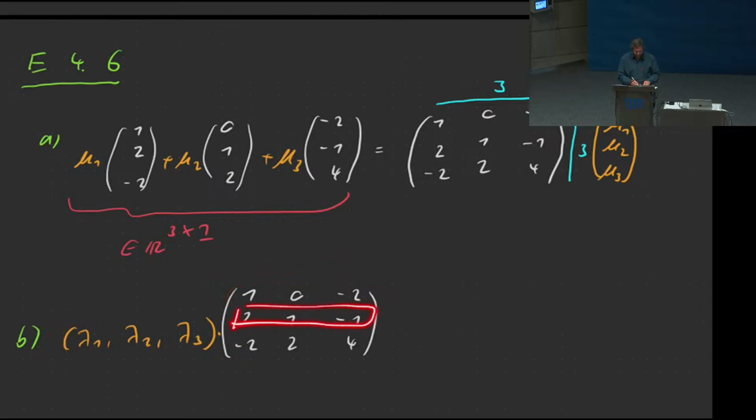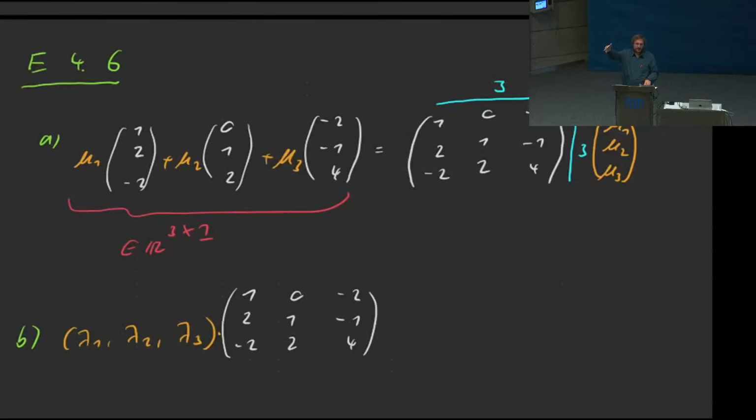The entry in the second row is multiplied by lambda 2, and so on. So you get exactly a linear combination of the rows, and these are the coefficients of that linear combination. And for the rows, you have to multiply from the left. So multiplying a matrix by a vector on the right gives you a linear combination of the columns. Multiplying by a row vector on the left gives you a linear combination of the rows.